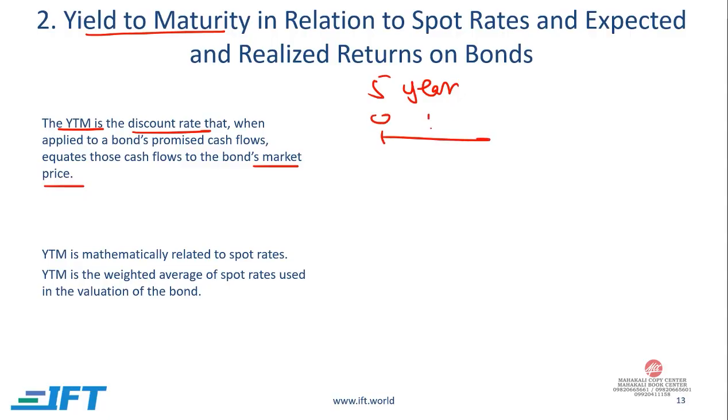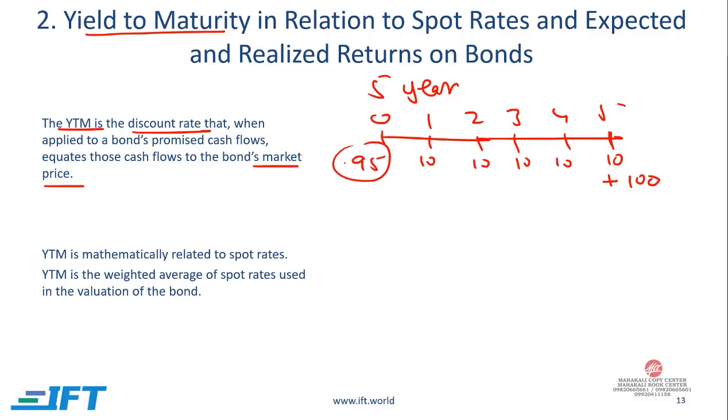There is a coupon payment of 10 that happens every year. And at the end of 5 years, there is the final coupon payment, plus there is a par value of 100. And let's say that this bond is currently trading for 95.